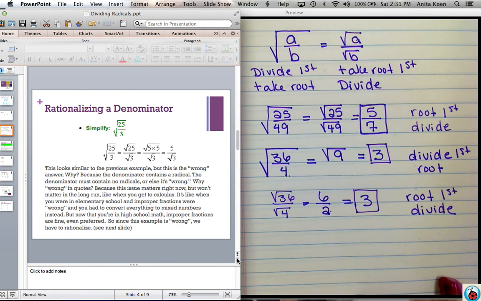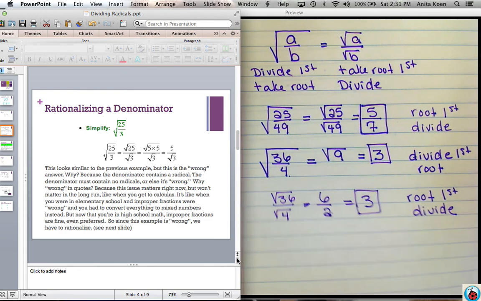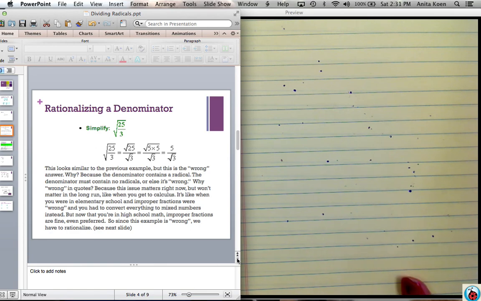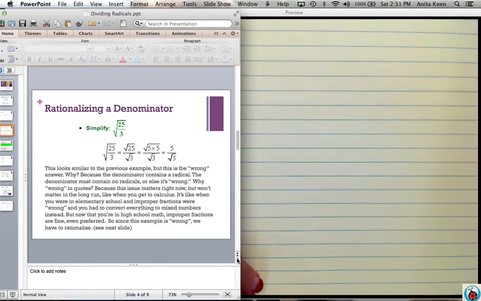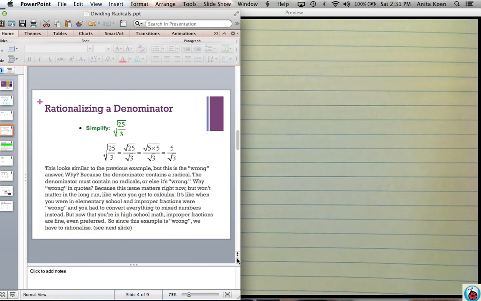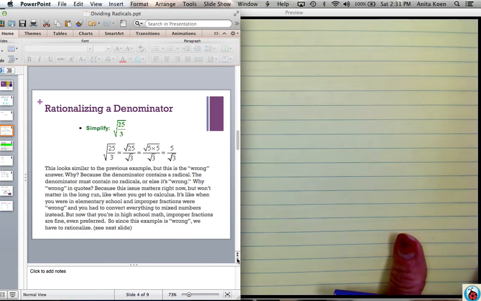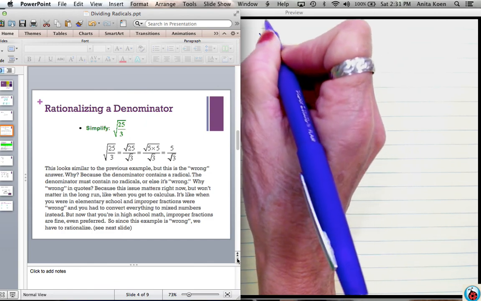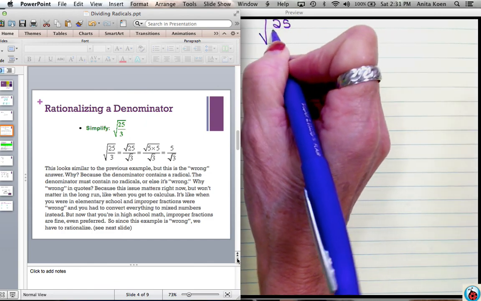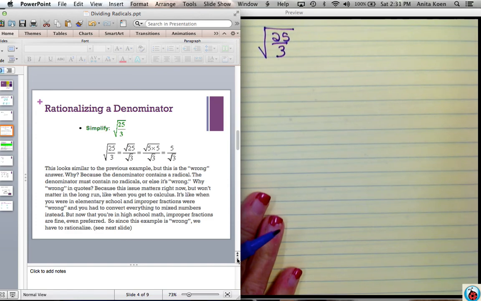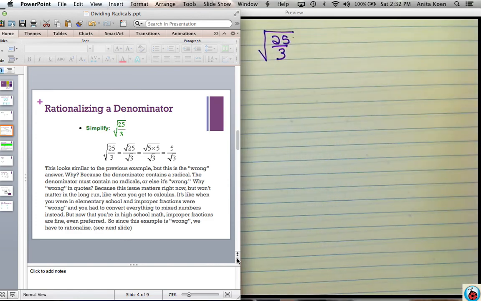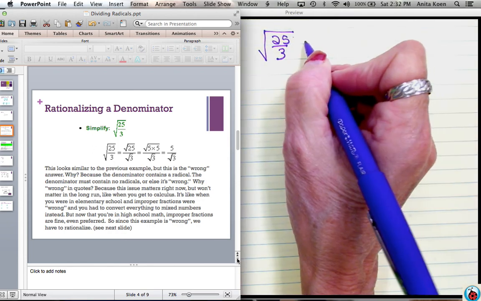Now, sometimes we cannot do either of these two things, and so we have to have another way in which to simplify our problems. And that is called rationalizing the denominator. Now, when I have a problem that looks like the one that's before me now, the square root of 25 divided by 3, the first thing that I notice is they're not both perfect squares, so I don't want to just take the square root of 25 and the square root of 3.